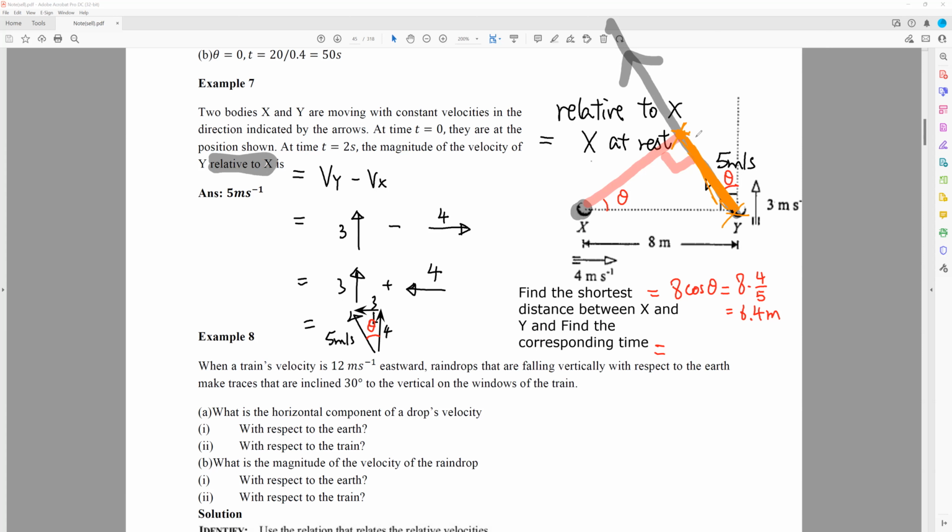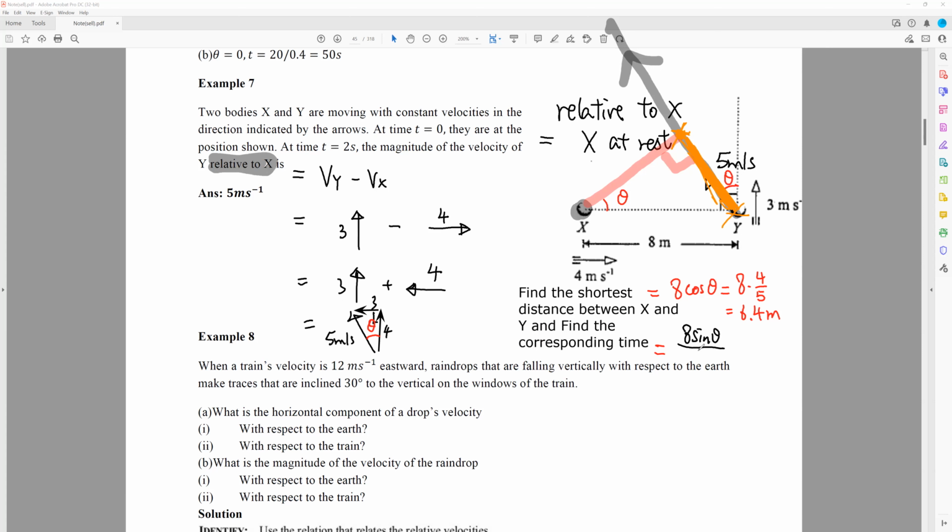And then how can we find the orange distance? Maybe it will be 8 times sine theta, is it? Then divide by the velocity.